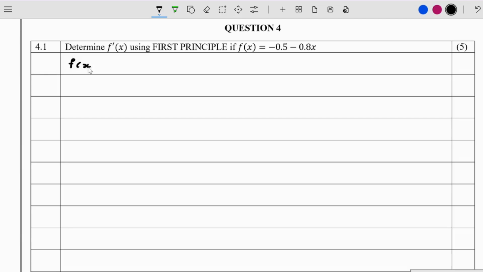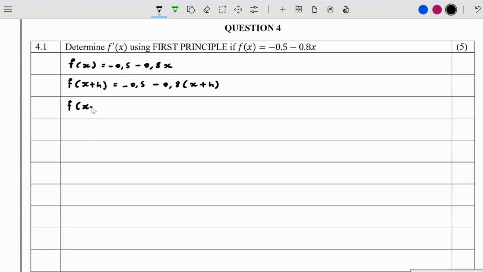So firstly, f of x is given as -0,5 minus 0,8x. So I'm going to have to find my f of x plus h. My f of x plus h is -0,5 minus 0,8 into x plus h. So where you see x, you're going to replace it by x plus h.